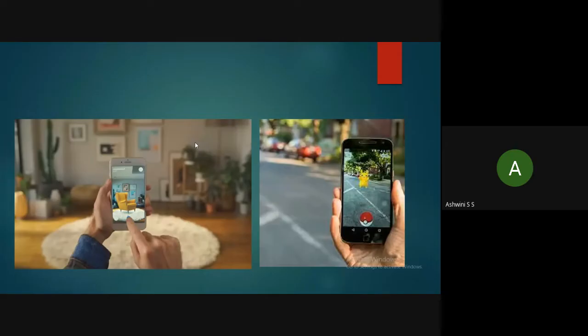Right? So you can see one image which I'll show you here. Can you see this? In the first image, you can see that there is a smartphone with a normal person. The person has the smartphone and he can check how that furniture looks when he places it in his home. So he is in the real environment, but he can try how that particular furniture looks in his house.